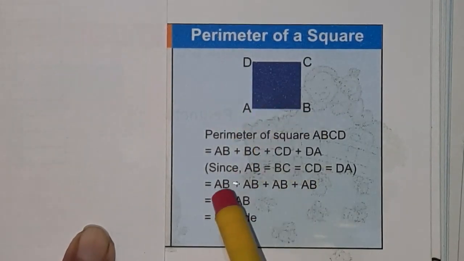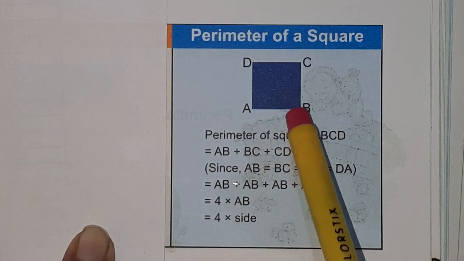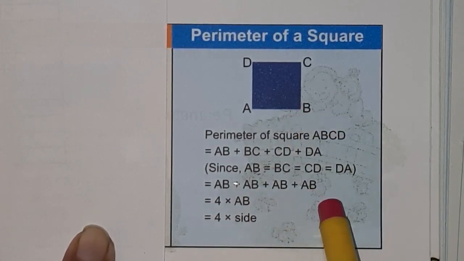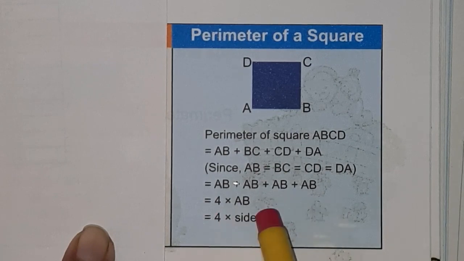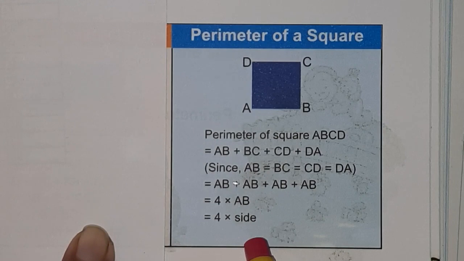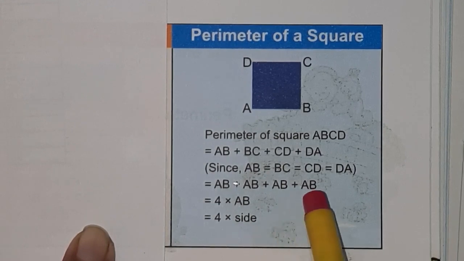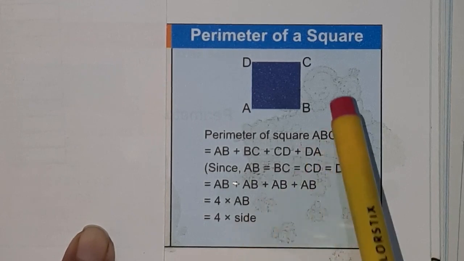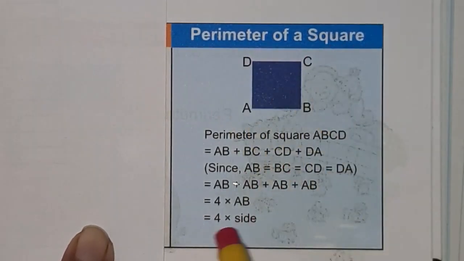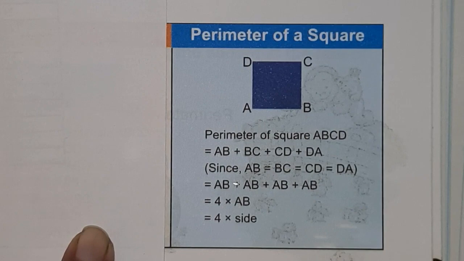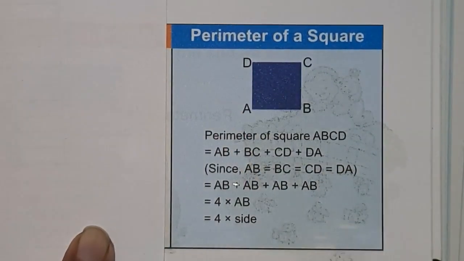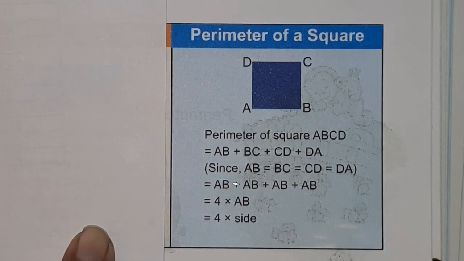So we can write down perimeter of square ABCD is equal to AB plus AB plus AB plus AB. That is 4 multiply AB. 4 multiply AB means 4 multiply side. So this is the derivation. Formula for finding out perimeter of square is 4 multiply side, because all the sides have equal length. Understood?